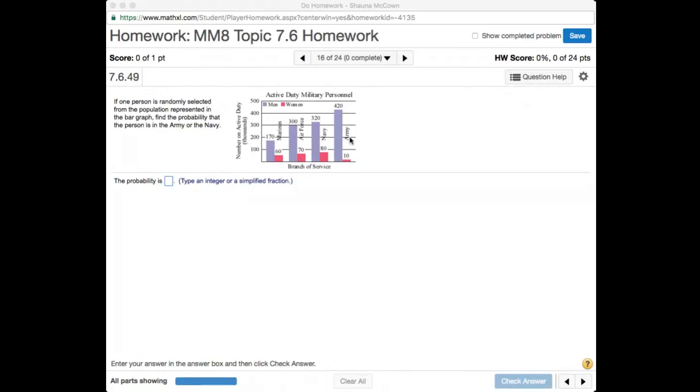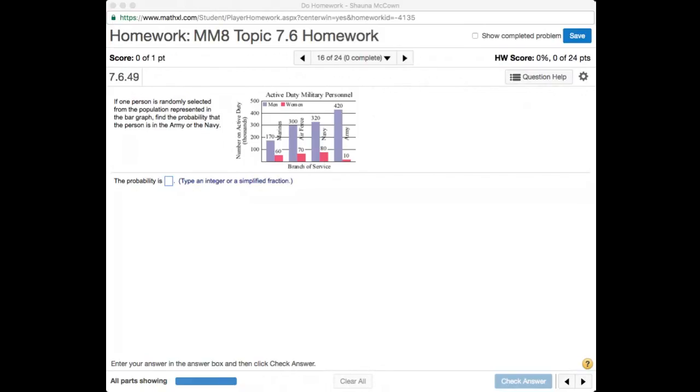So for Army, I've got probability of Army is 430 over my total number was 1,430. And then the probability of Navy, that's 320 plus 80, okay, because men and women in the Navy, that's going to be 400. So probability of Navy is 400 over 1,430.